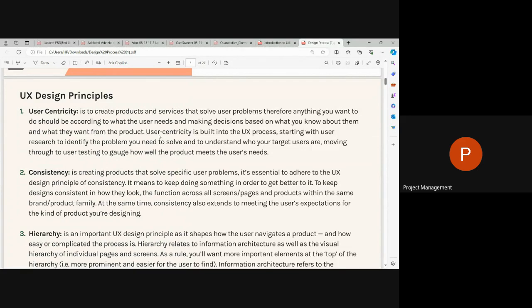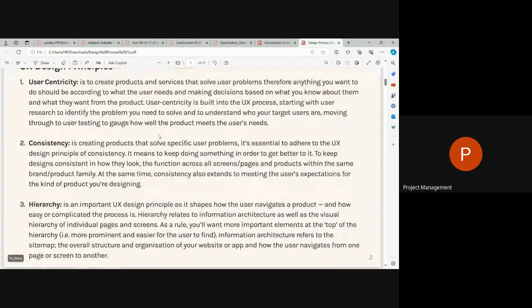And when you're done with that, through to user testing, that is gathering feedback from your users based on the solutions you come up with. So that is the process of user centricity, right from your user research down to the usability testing.